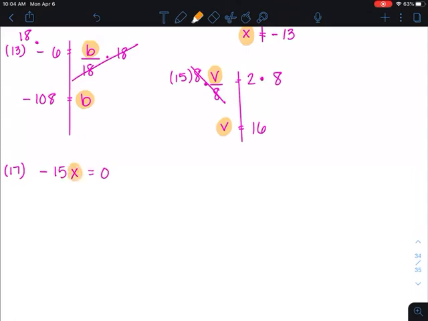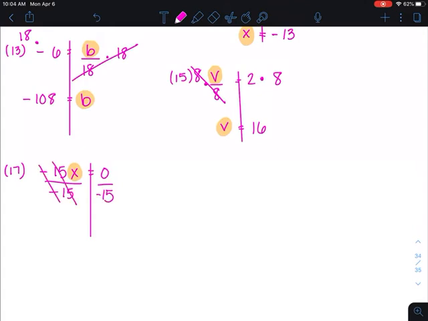Number 17, we have negative 15x is equal to 0. Our variable is x. Negative 15 is currently being multiplied by x, and the opposite of multiplication is division. So we're going to set our line down the equal sign.